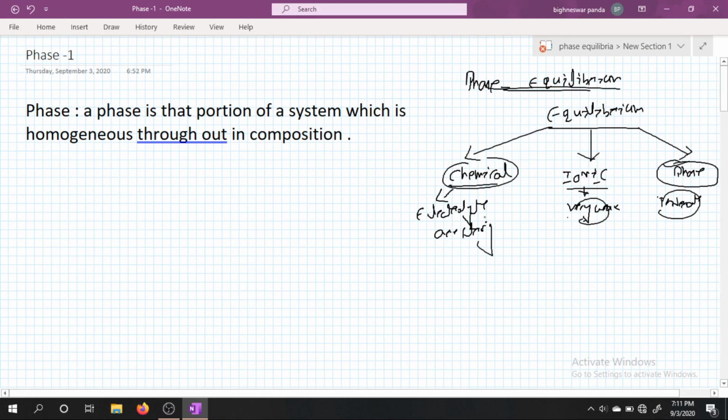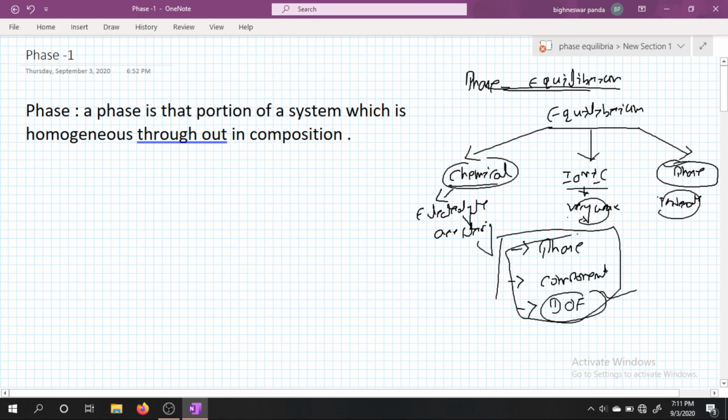Before starting phase equilibrium, we have to know what a phase is. The basic concepts are phase, component, and another part is DOF, degree of freedom. So these are the three basic parts of phase equilibrium.